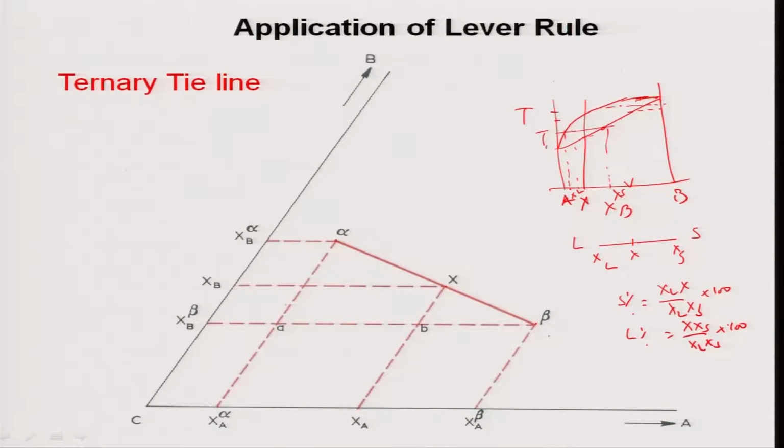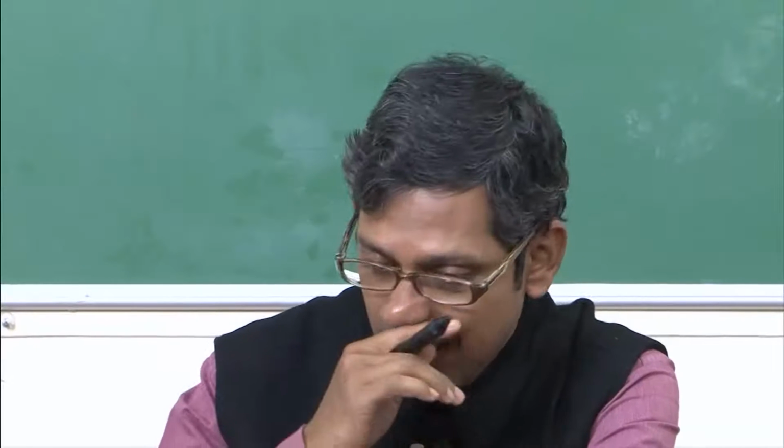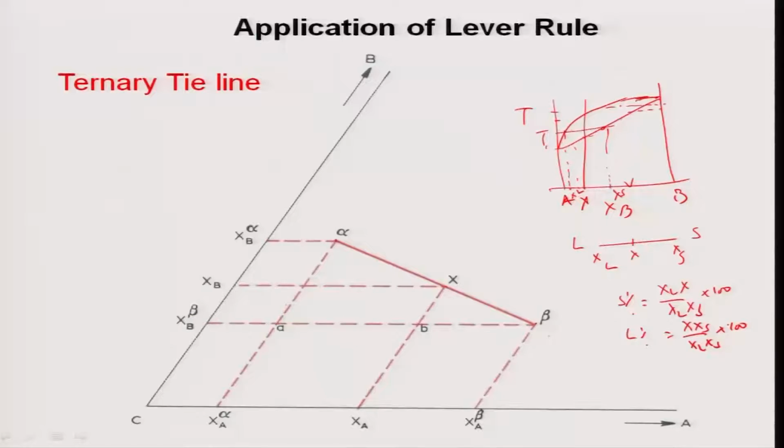We do not need all of A, B, C, we can use one of these. Suppose I simply want to use B compositions. So, what do I do? I draw parallel lines with respect to CA. One parallel line passes through point beta, another through point x, and a third through point alpha.